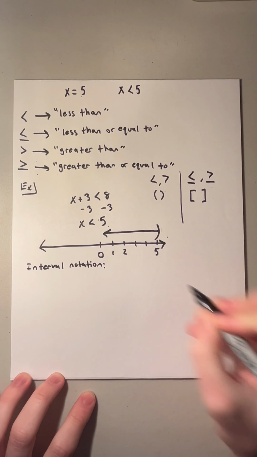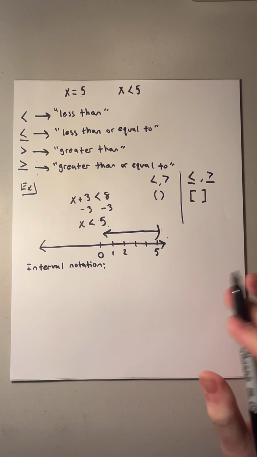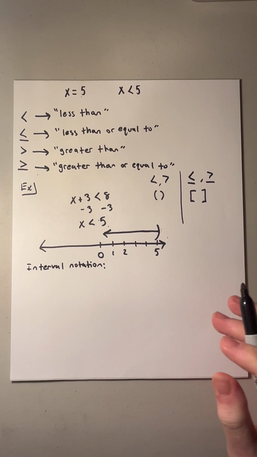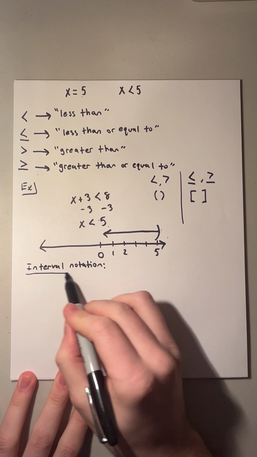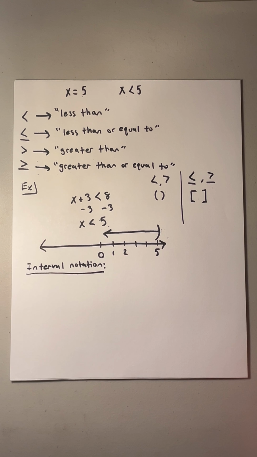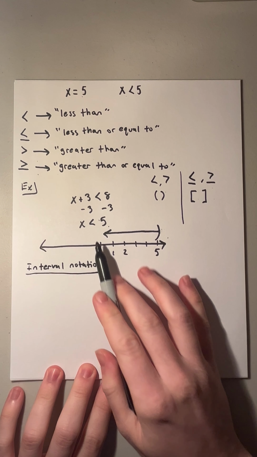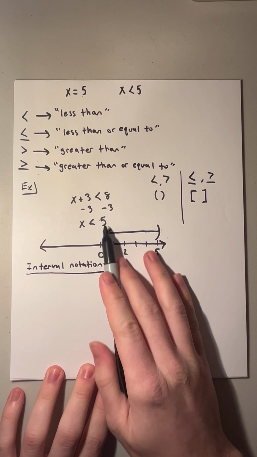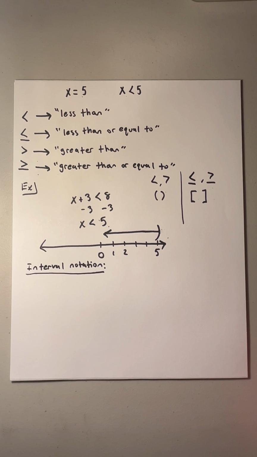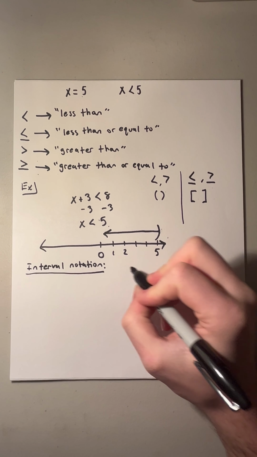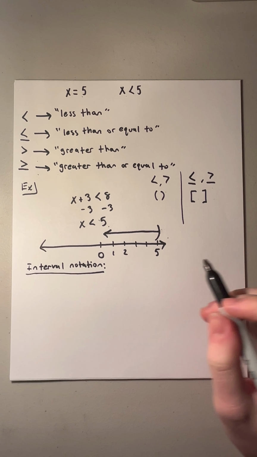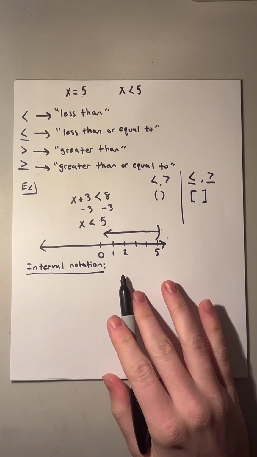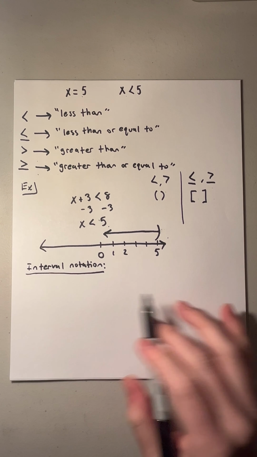Now, another thing, you'll have to put your answers into something called interval notation. With the absolute value inequalities, there's a few ways that you're going to be asked to show your answers. One is graphically, the other is interval notation. What this means is that we want to interpret x is less than 5 as an interval. Whenever you have a set of numbers, you always go from the lesser number to the higher number, so left to right.